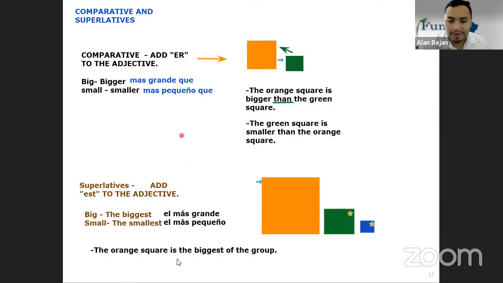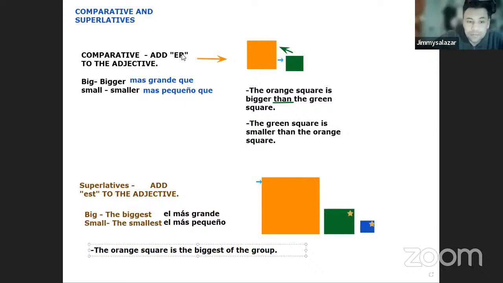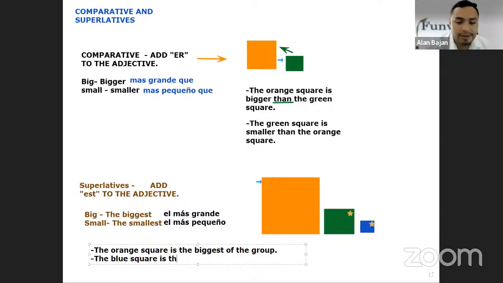Now, what about a small? Give me the sentence, class, with a small. Teacher, the blue square is the smallest of the group. The blue square is the smallest of the group.